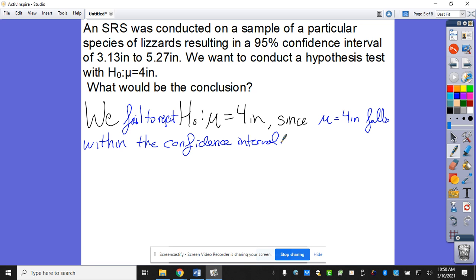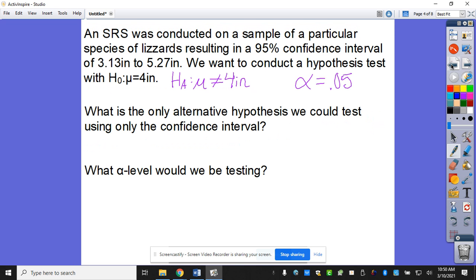What's our last sentence? We do or do not? Is that still going to be the case? I'm still going to be saying we do or do not have evidence with this. Does that still apply? Yeah.